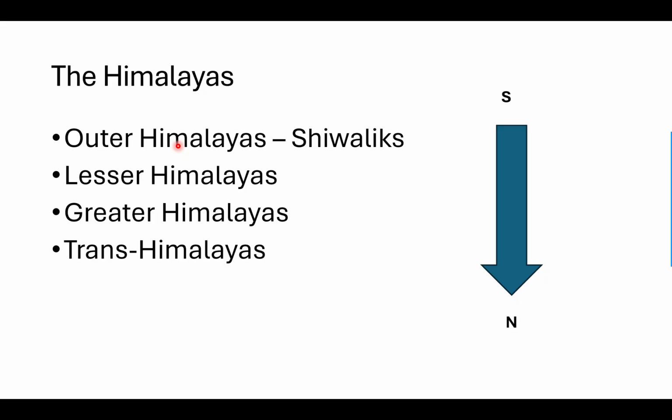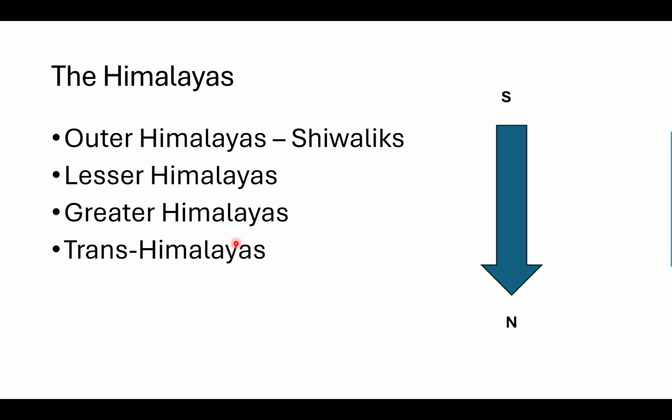And the Himalayas are further classified into different sections based on location and different characters. As you go from south to north, the outermost range is generally not referred to as Himalayas, it is just referred to as Shivaliks. The start of the Himalayas is called the Lesser Himalayas, followed by the Greater Himalayas and then the Trans Himalayas.